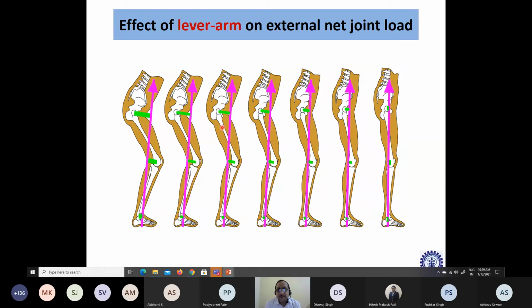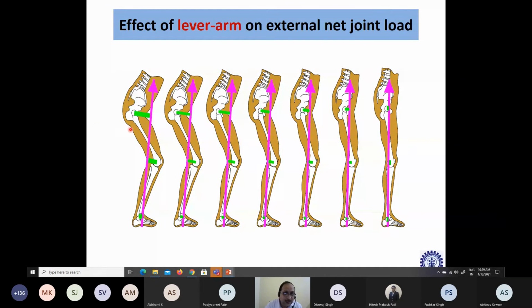So the lever arm has an important role to play on the external net joint load. So you can see here that this is the standing posture on the right, where the joint reaction force is passing through the joint center. So there is hardly any net moment created.